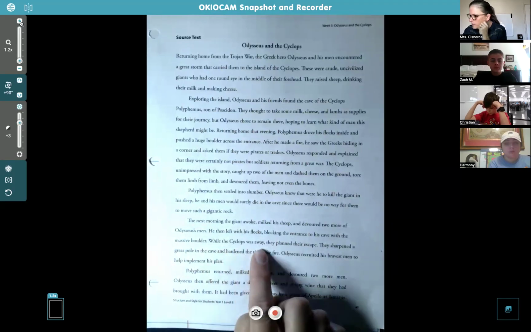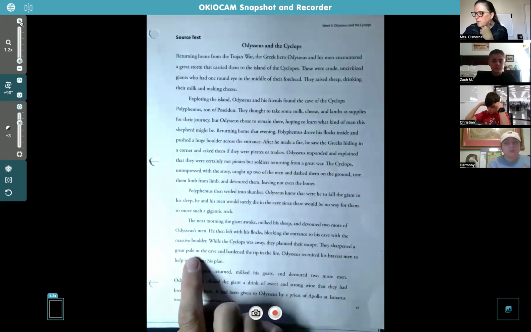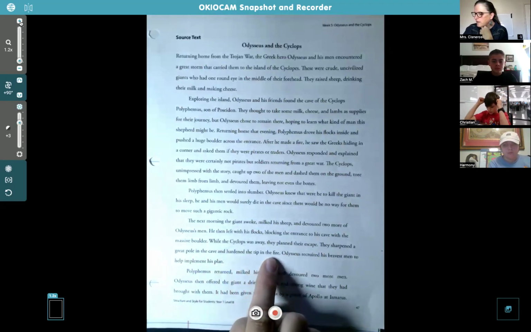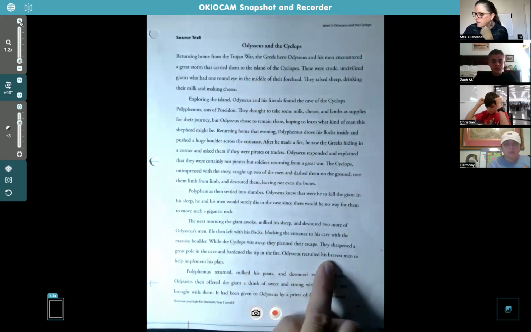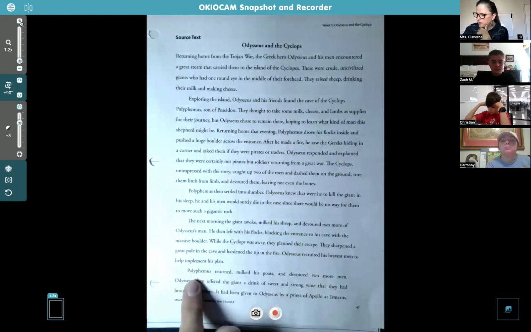While the Cyclops was away, they planned their escape. They sharpened a great pole in the cave and hardened the tip in the fire. Odysseus recruited his bravest men to help implement his plan.